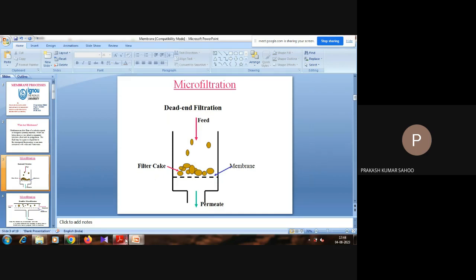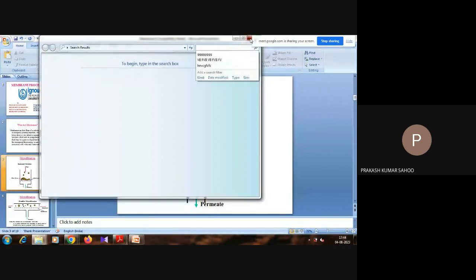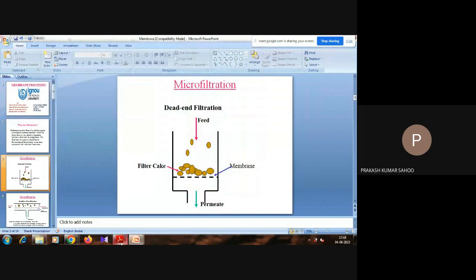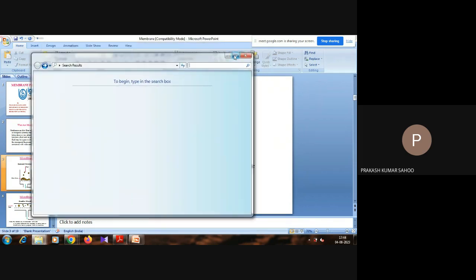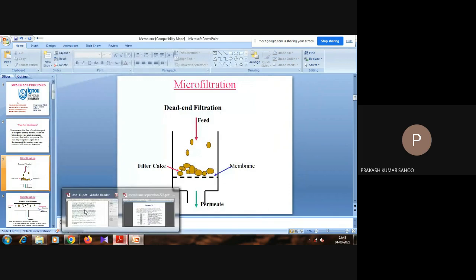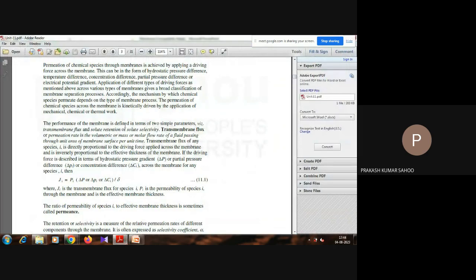So there are two simple parameters which govern the membrane performance: transmembrane flux and solute retention or solute selectivity.